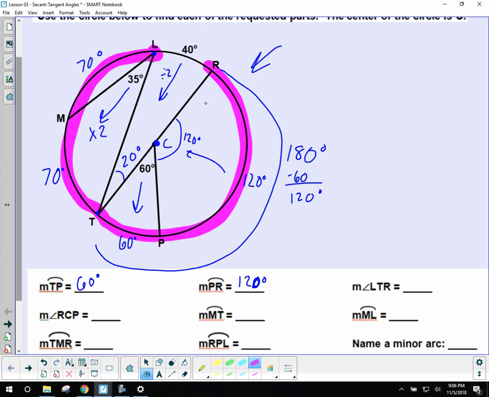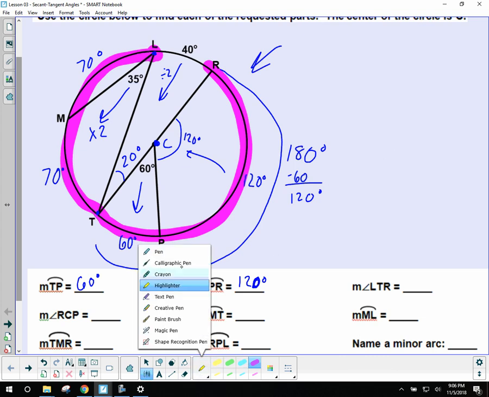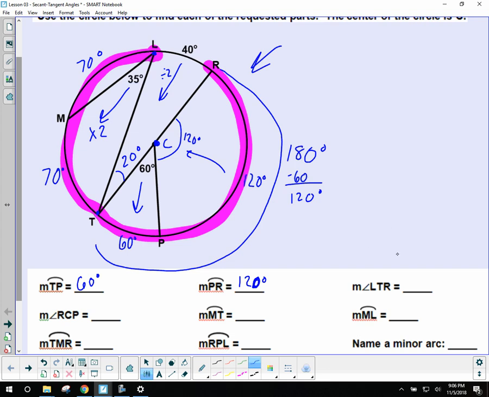So my shortcut would be 360. Oh, gotta get my pen tool. 360 minus that little 40 will give us 320 degrees.